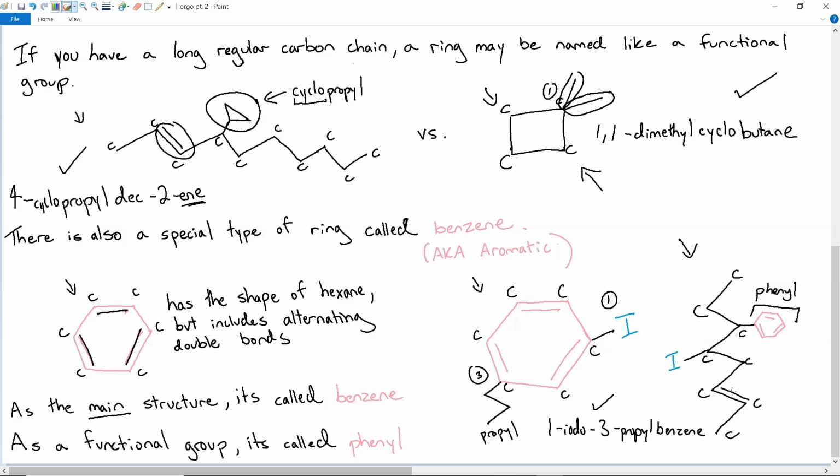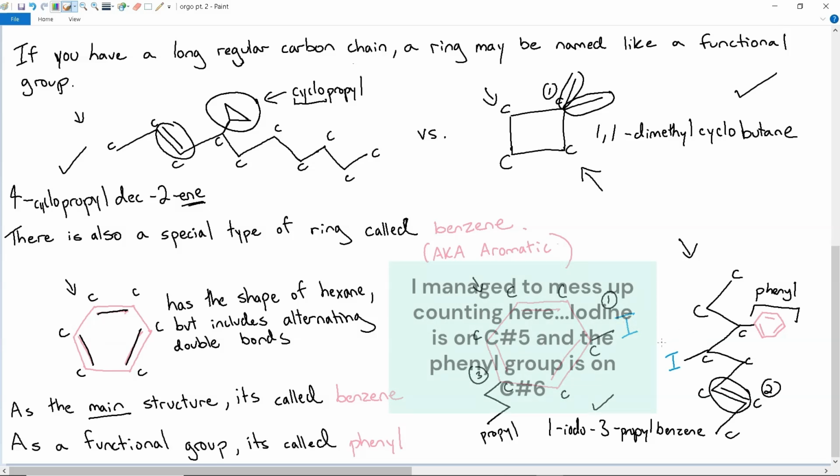If we look here, we do have a double bond. So usually double bonds are going to get the priority in terms of naming. So we have a double bond starting on our 2nd carbon. Therefore, I would have to refer to the iodine being on the 4th carbon and our phenyl group being on the 5th carbon. So let's try and write this all out at once.